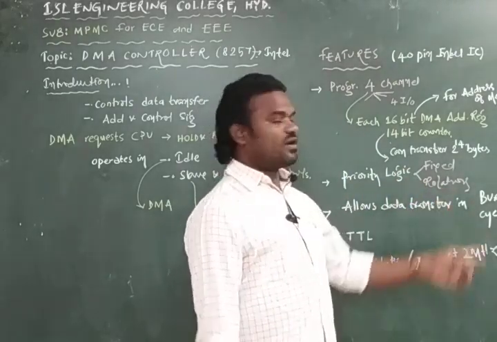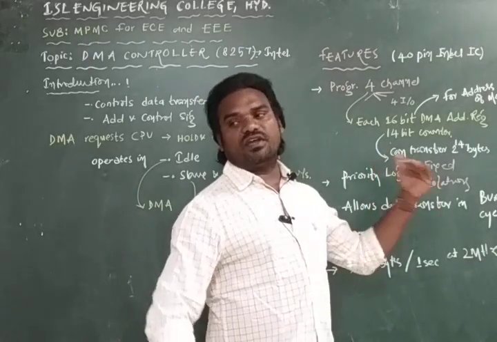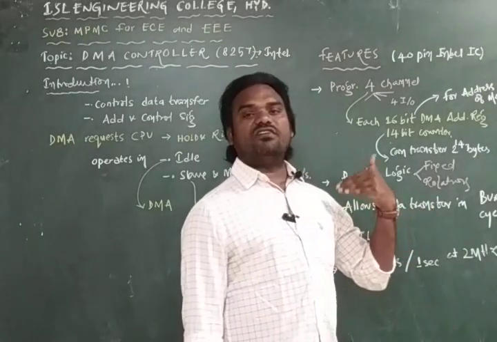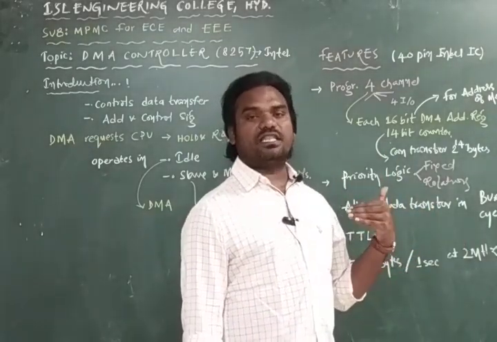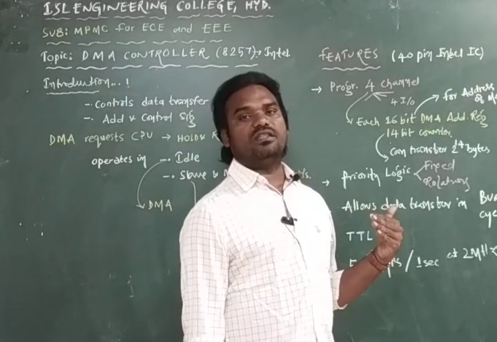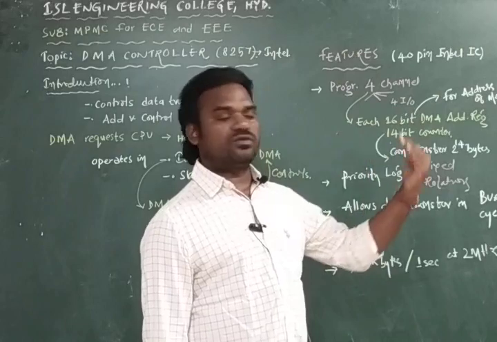And if you go with the rotating priority, then whichever input output device has the higher priority will be served first. Serving is nothing but allowing the data transfer between that particular channel and the memory.